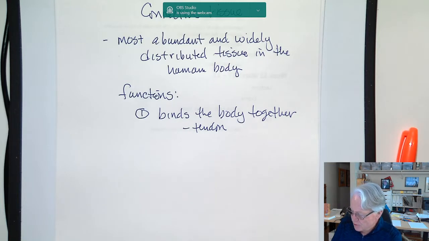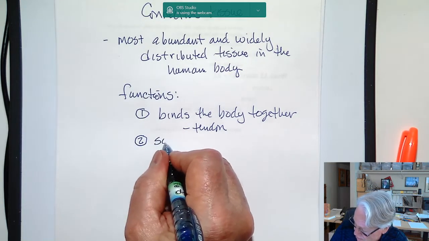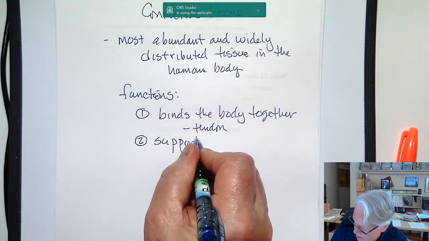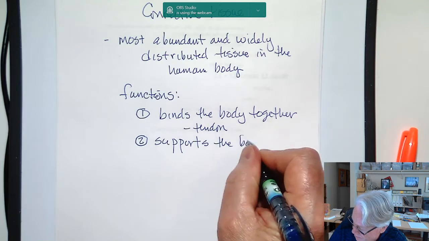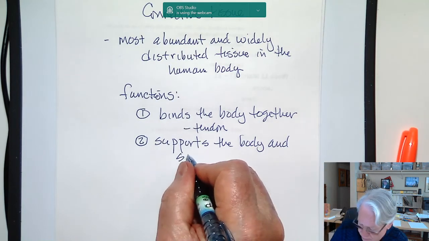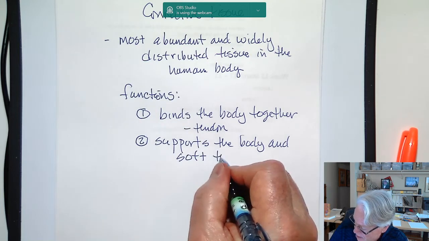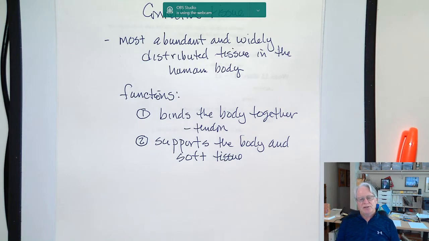So that's one of its functions. A second function will be support. So it supports the body and soft tissue. The entire body is supported by the skeletal system, which is one of the types of connective tissue that we have in our body.